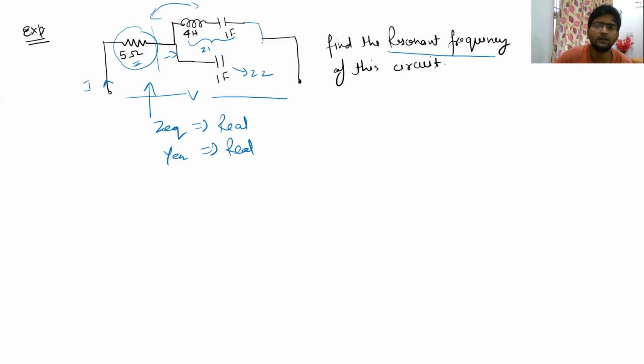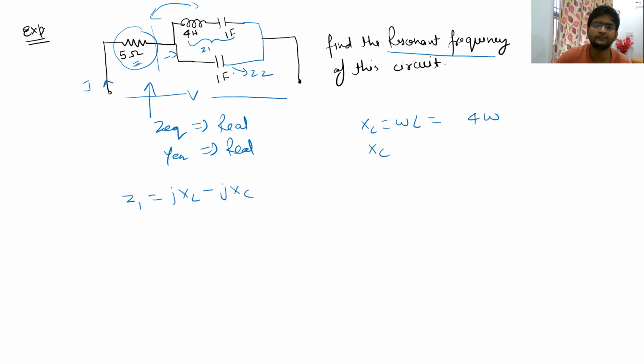So what is the value of Z1? Z1 has one inductor and another capacitor, right? So Z1 is jXL minus jXC. XL is omega L, and you already know that L is 4, so you will get 4 omega.